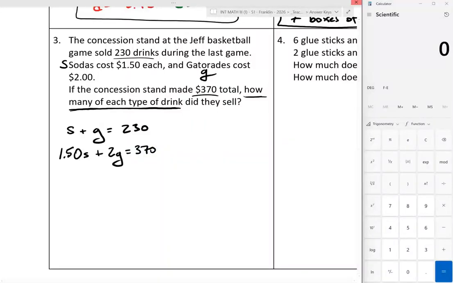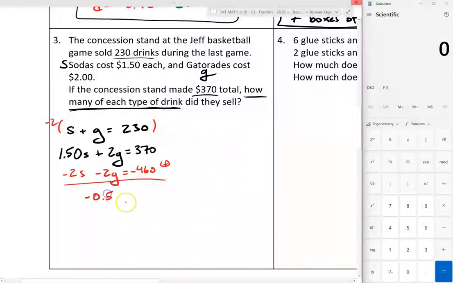Now again, I can do elimination here. And I could multiply by -2 to cancel out the G's, and that's probably what I'll do. I don't really want to multiply by -1.5. So let's do negative 2 here. So I get negative 2s minus 2g equals negative 460. Adding these together, you get negative 0.5 s equals 370 minus 460.